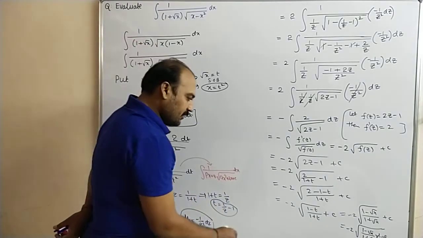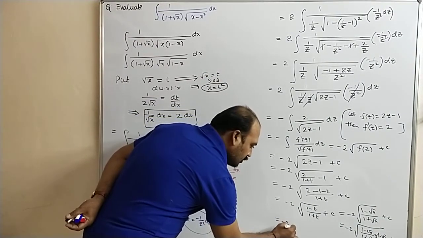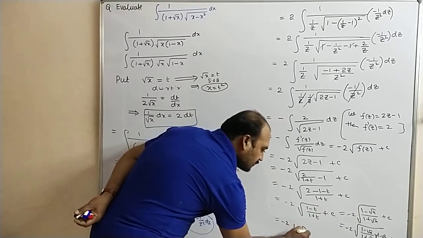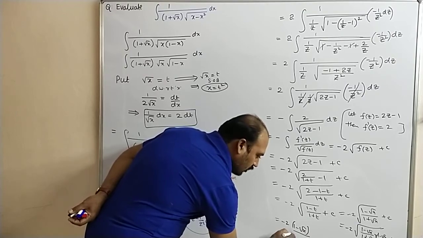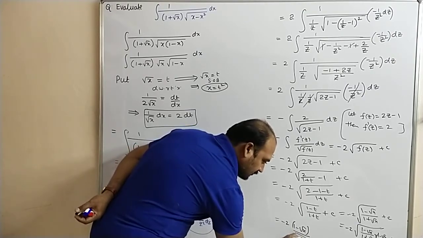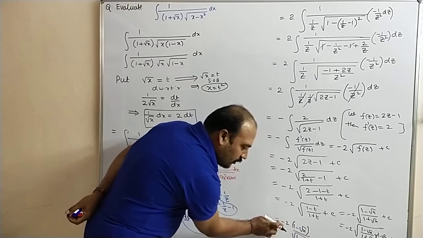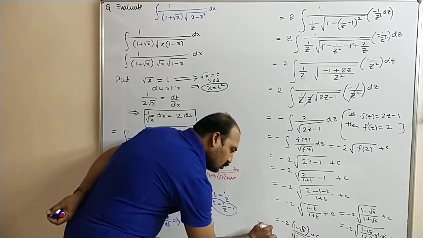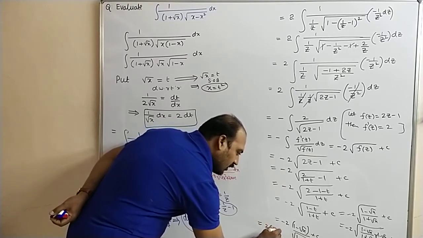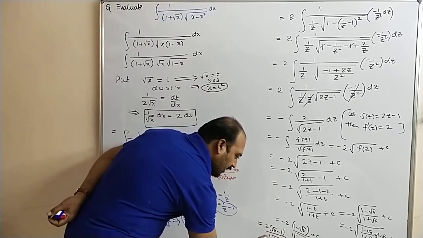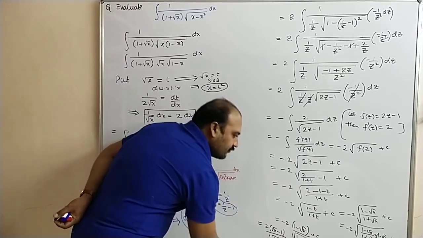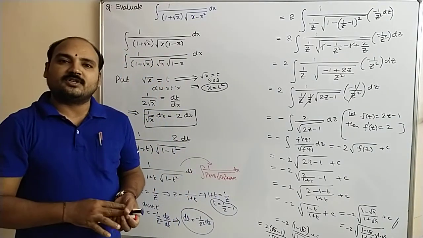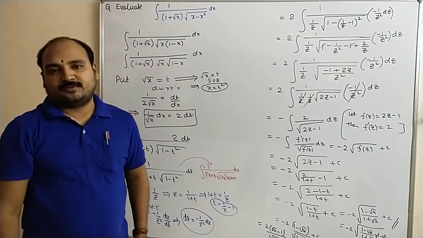After that, if you simplify, you will get minus 2 into, in the root, root and square will be cancelled, 1 minus root x divided by root 1 minus x. If you remove minus here, it becomes 2 into root x minus 1 divided by root 1 minus x plus c. Otherwise you can stop till here also, nothing will happen. This is the procedure to do these type of problems.